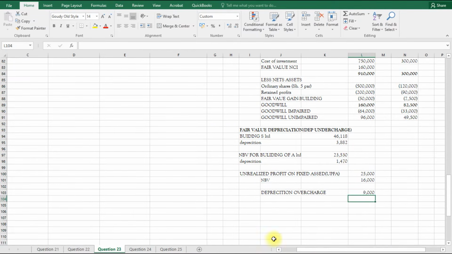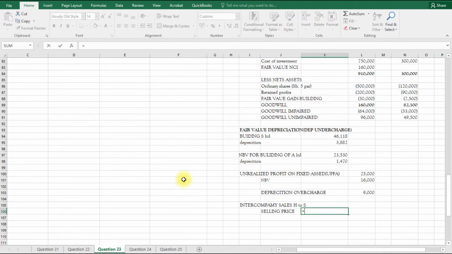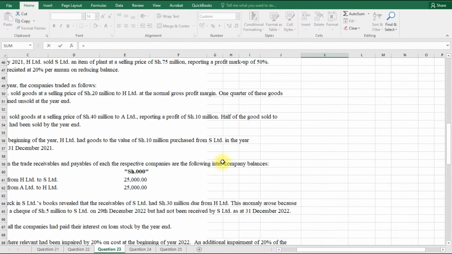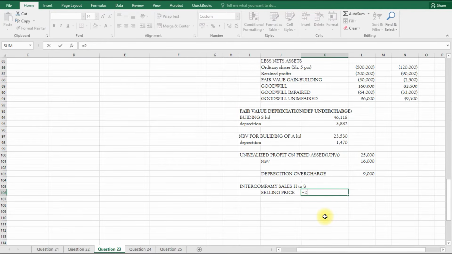Our selling price was 20,000, and we calculate the markup.